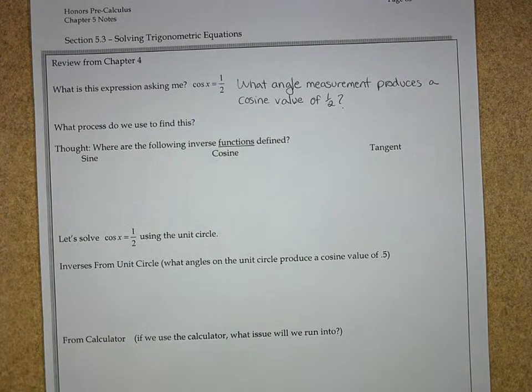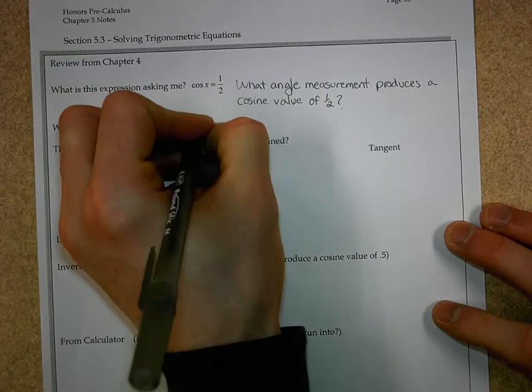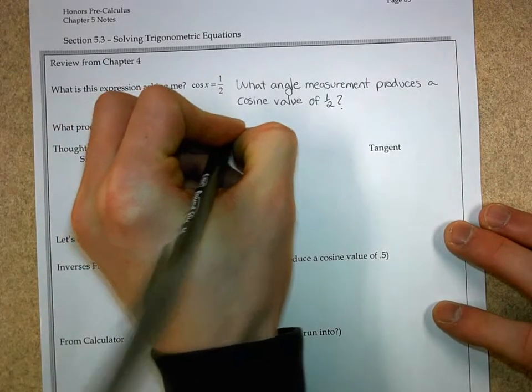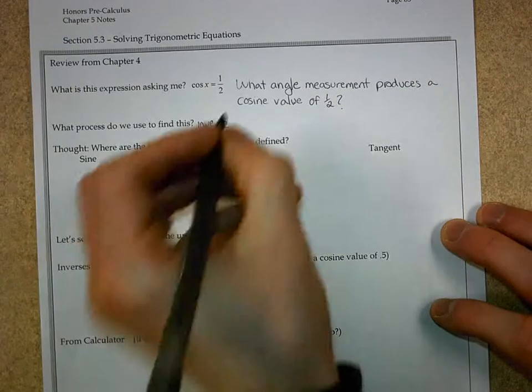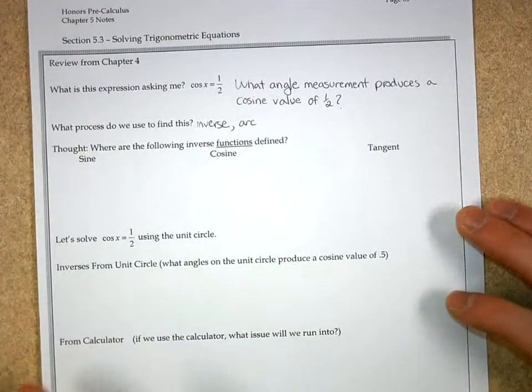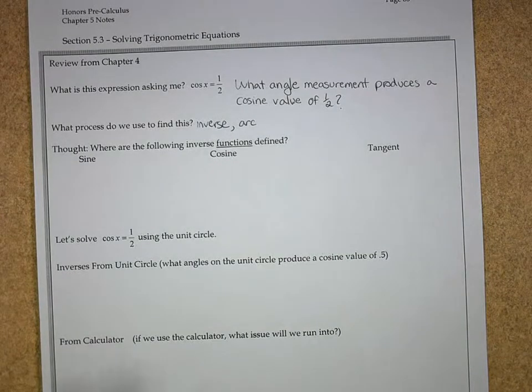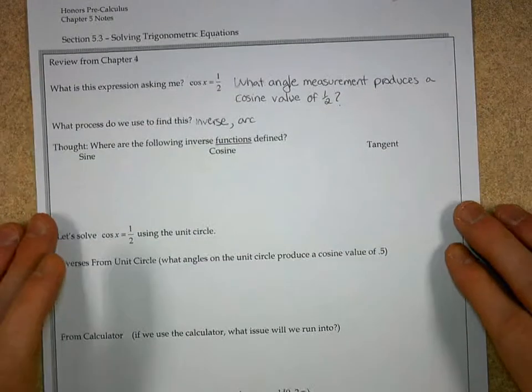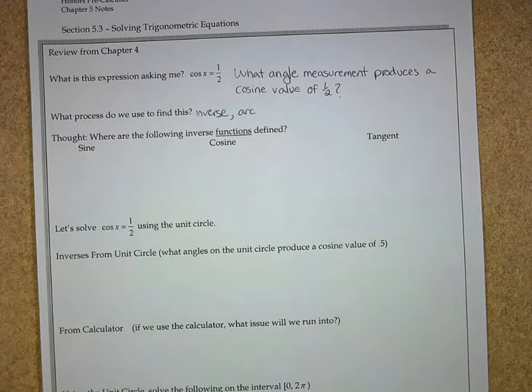The way we go about solving that is we use inverse functions, or as we also called them in the previous chapter, arc functions, or the arc trig that we dealt with. So just as a review, where are the following inverse functions defined? Notice the word functions: sine, cosine, and tangent functions.